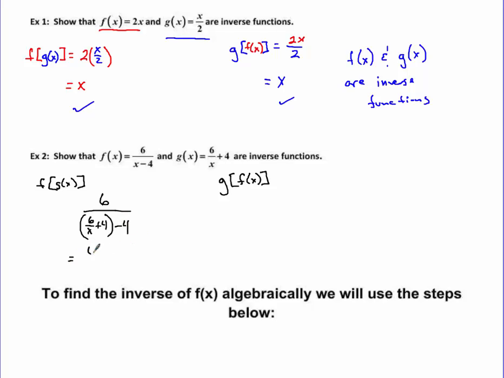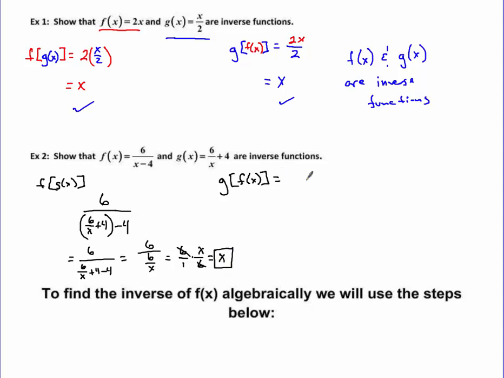Well, that's 6 over x plus 4 minus 4, which is 6 over x, which you know is 6 over 1 times x over 6, 6 and 6, so it equals x.